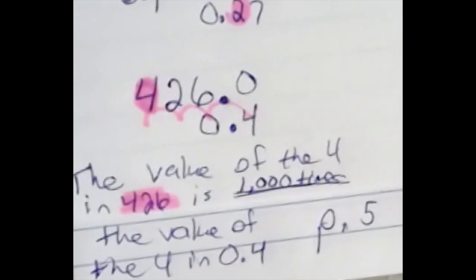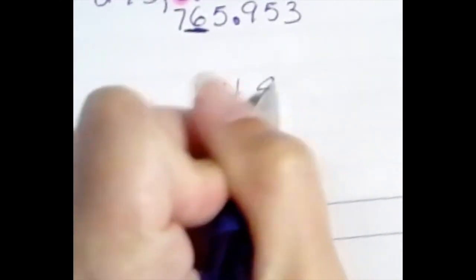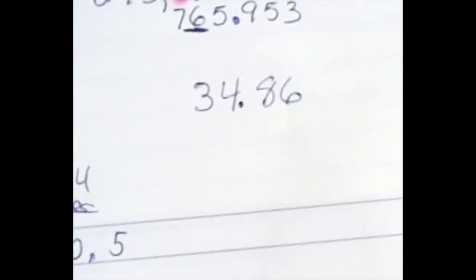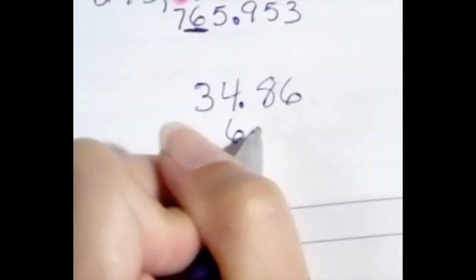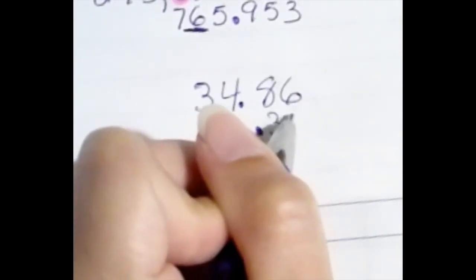All right, one more problem. I'm going to scoot over here, have a little bit more room at the bottom of my page. This time we're going to compare 34 and 86/100ths and 6 and 32/100ths.